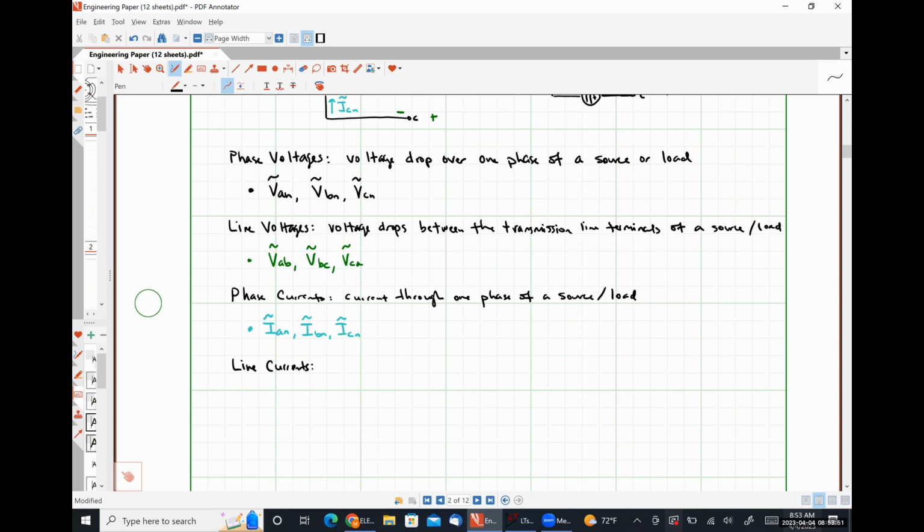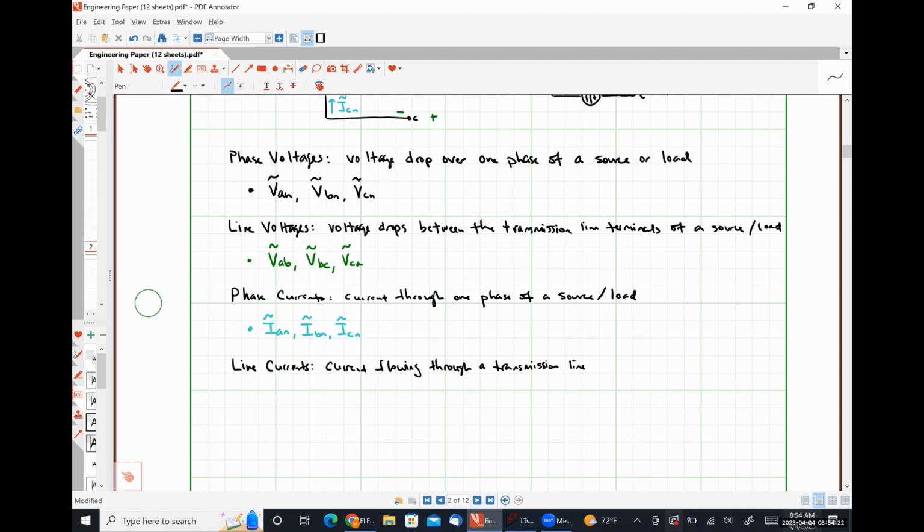So we're only going to actually see line currents when we have a full system, not just a source or just a load. And a line current is simply current flowing through a transmission line.